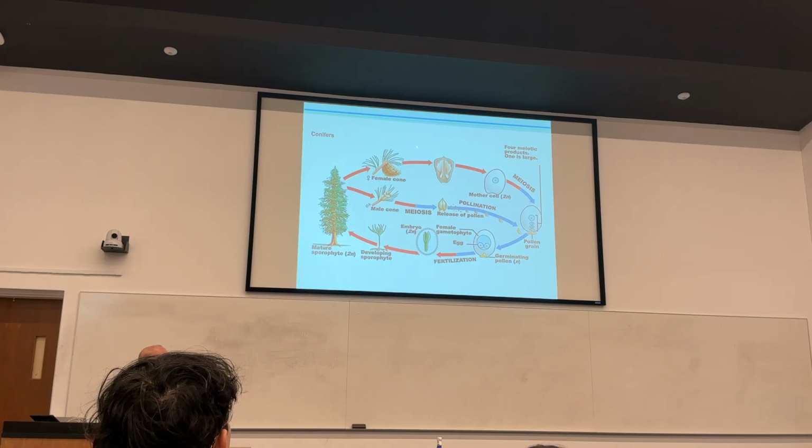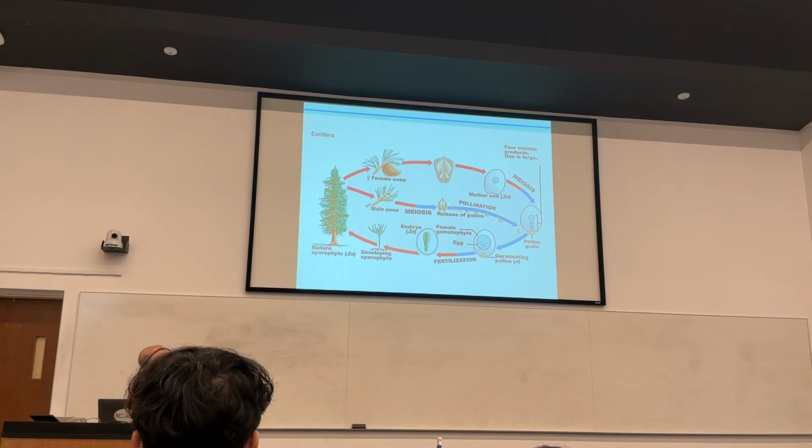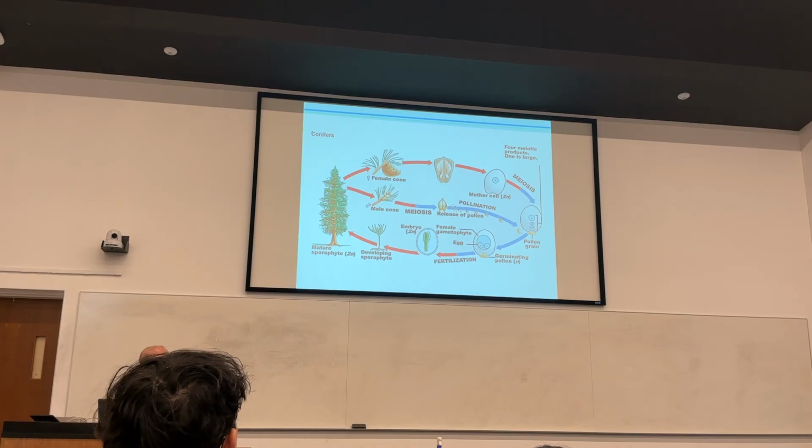So these undergo meiosis. They produce the pollen grain, or they produce the precursor to the female gametophyte. And then you get basically the egg cell being formed.